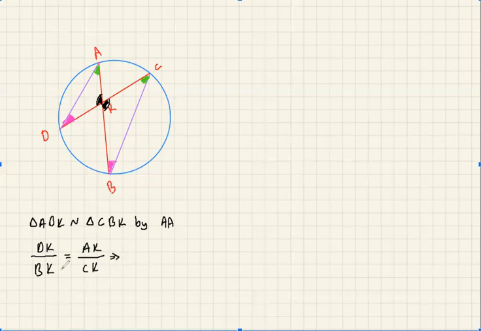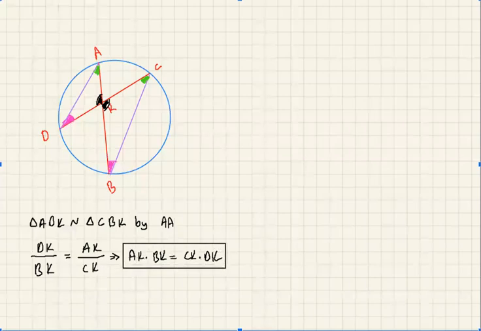If you really want to do cross multiplication, we can do that. That will be AK times BK is equal to CK times DK. So again, this is the first relation, but I really want you to understand what it looks like.